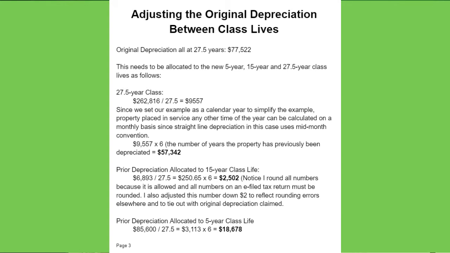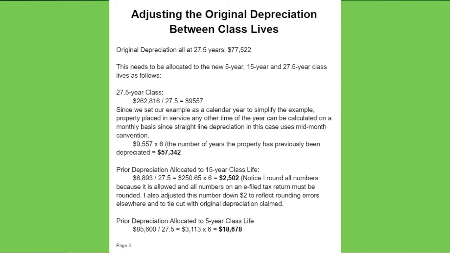We should have had $262,816 being depreciated at 27.5 years, because $85,600 was actually 5-year class life, and $6,893 was from the 15-year class life. So what we need to do is adjust out some of that.